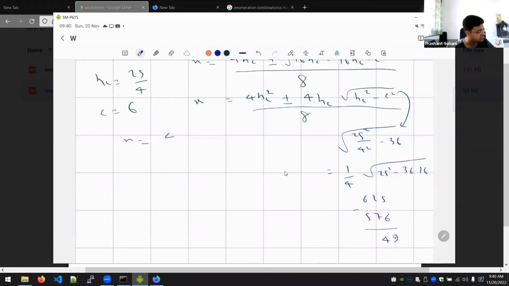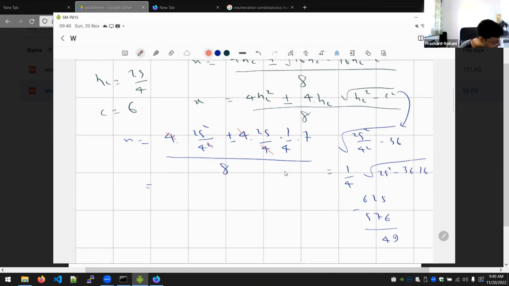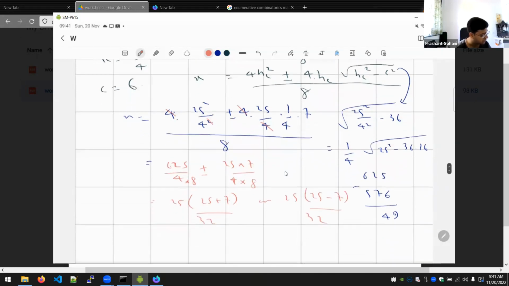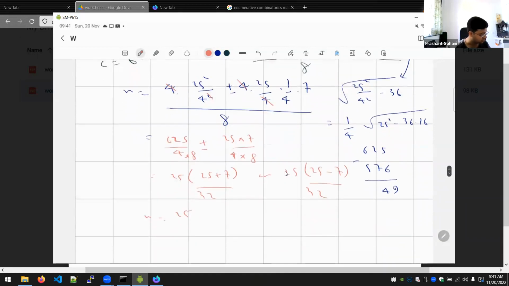That is, therefore, x is 4 times 25 square by 4 square plus... Yes, so one root I'm getting is x is 25, which leads to the solution R equal to 5.